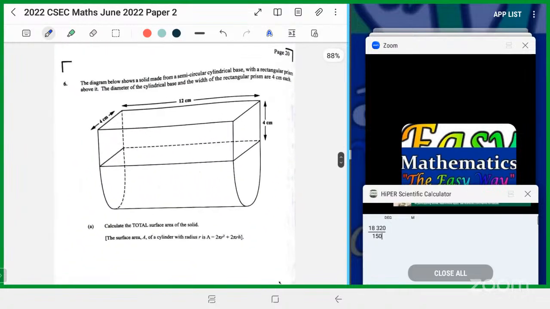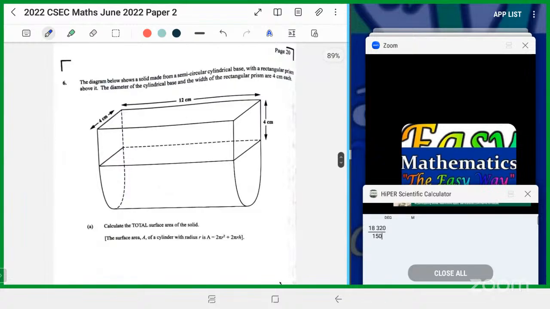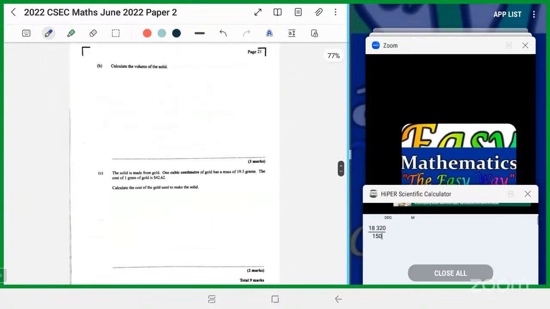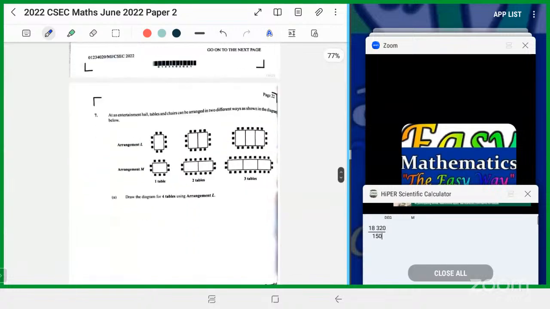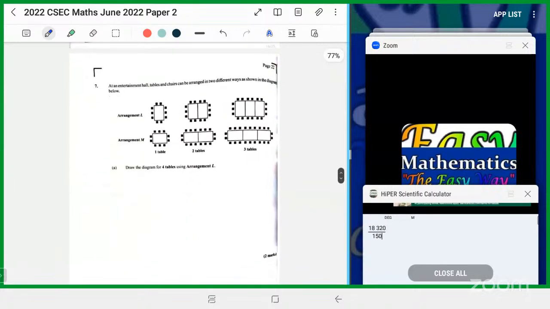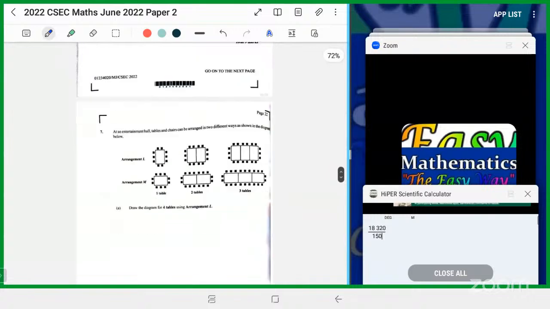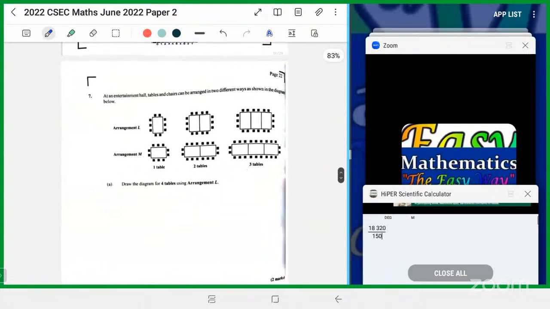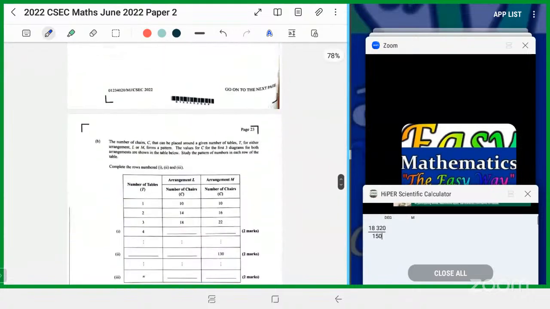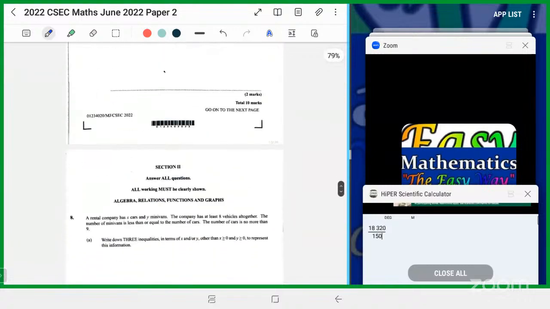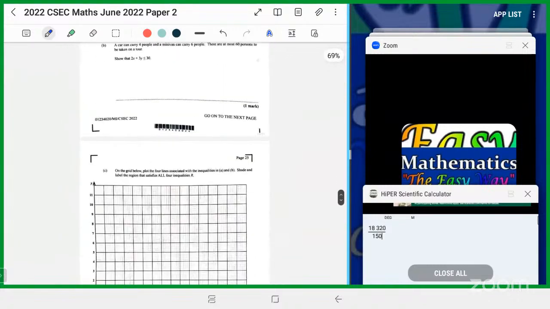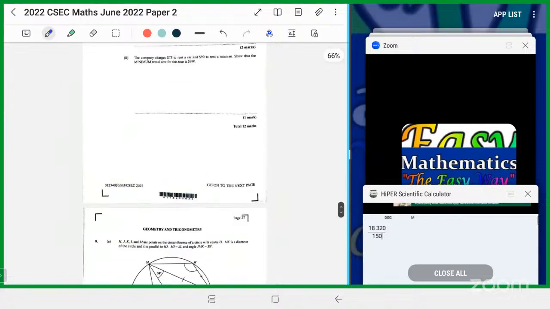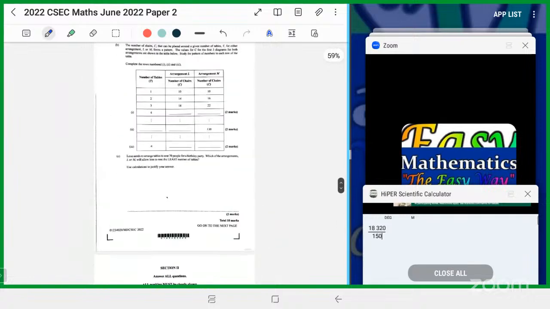So we'll come to this one. I think after I finish this one, we might stop and then continue tomorrow with the remaining questions. I'm not going to finish today.